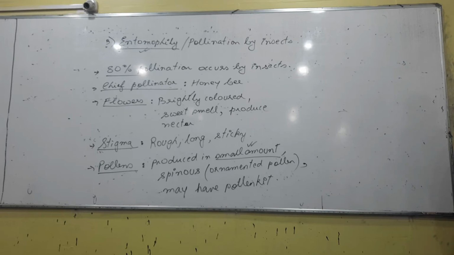Obviously insects will do it, so in that case even a small amount produced will do. In case of hydrophilous, not hydrophytes, hydrophilous plants, a huge amount has to be produced. In case of air also it should be produced in huge amount. Only in case of insect-pollinated flowers a common amount is produced, because they have a sticky nature and they will stick to the body of the insect, right?